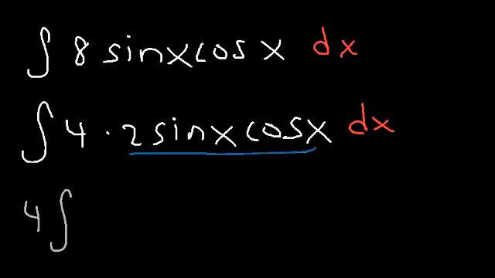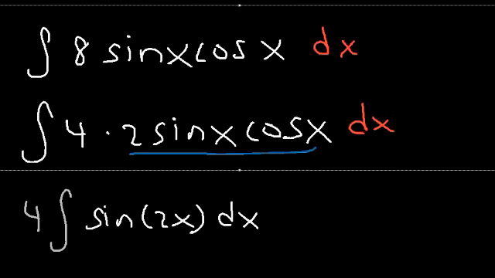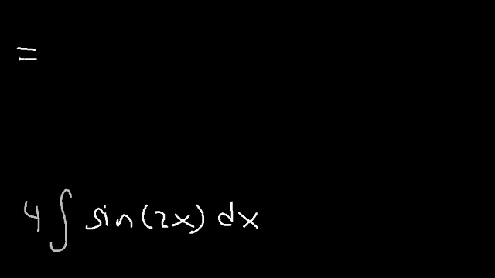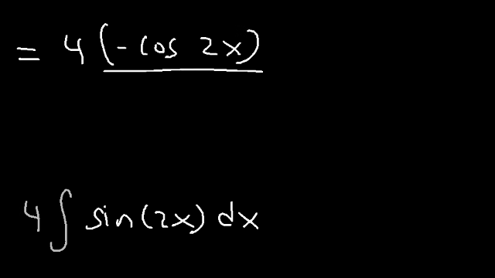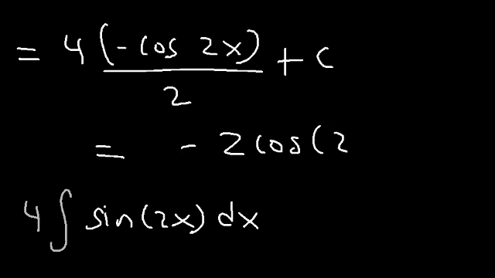So we have 4 times the antiderivative of sine 2x. And the antiderivative of sine is negative cosine. So this is going to be 4 times negative cosine 2x divided by the derivative of 2x, which is 2, plus c. So the final answer is negative 2 cosine 2x plus c.